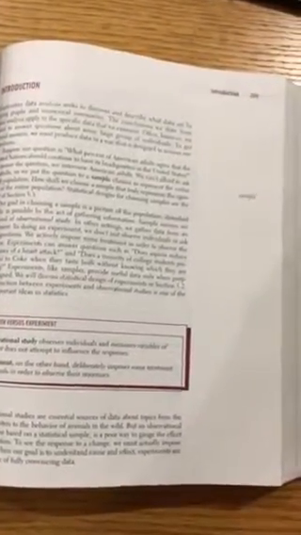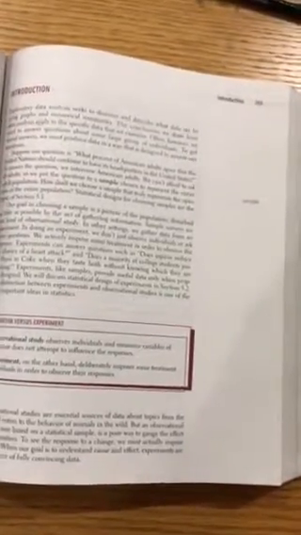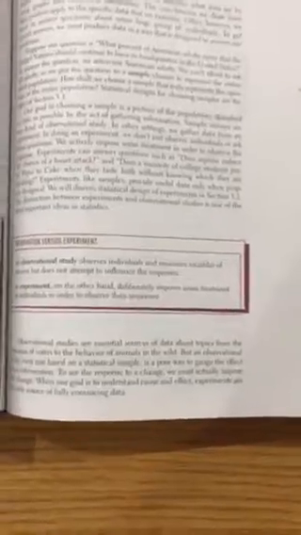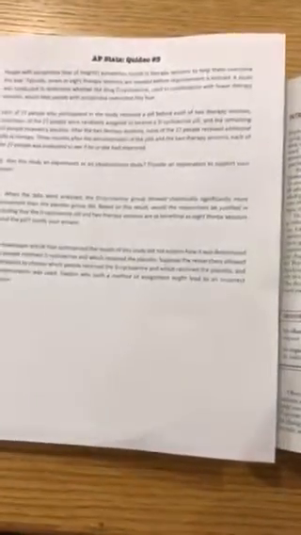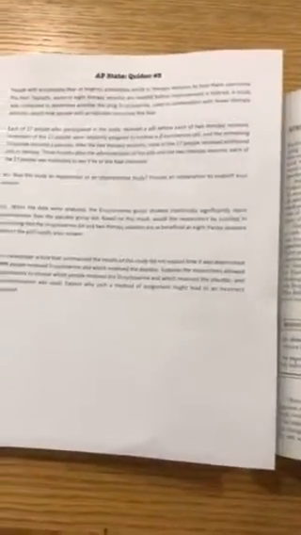An experiment, on the other hand, deliberately imposes some treatment on individuals in order to observe their responses. So it is an experiment because the treatment in the definition compares to the treatment in the study, which is the pill they give them. They impose it on them. It's an experiment.